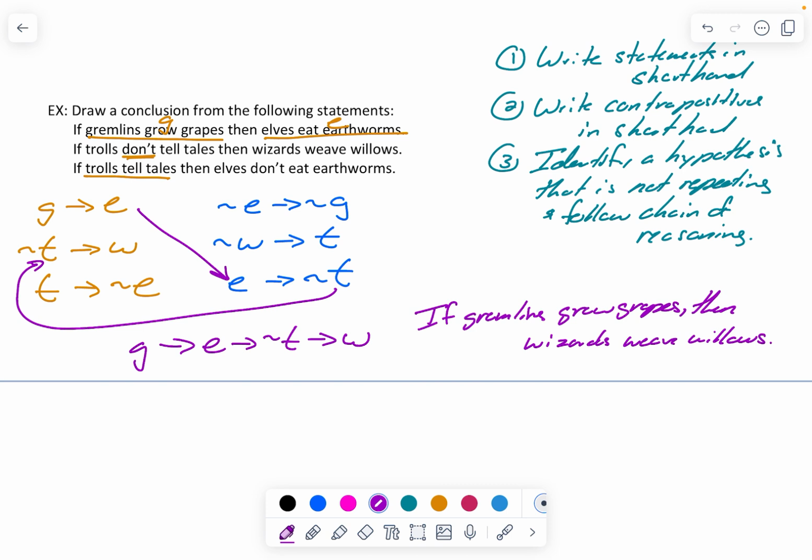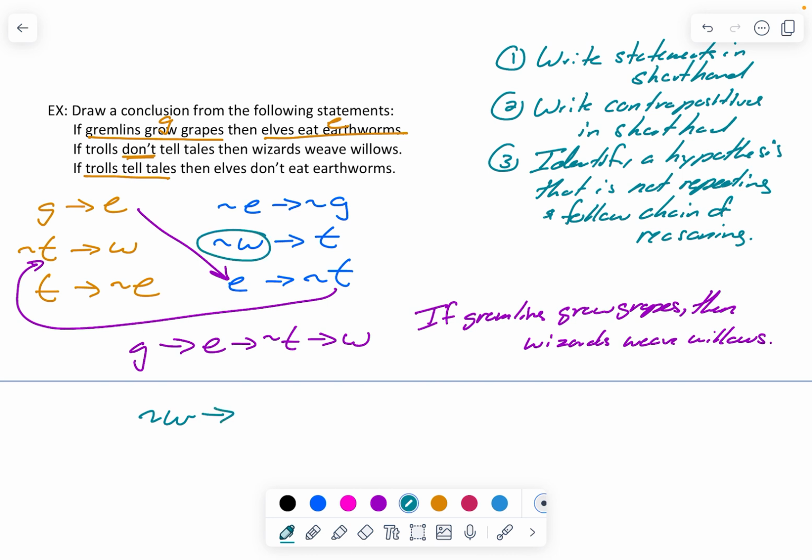Now, you might have said, well, what if I started with not W? Oops, because we have to start with something on the left, too, I should have said, right? We have to start with something that is on the left of any conditional statement. So what if instead we started with that?